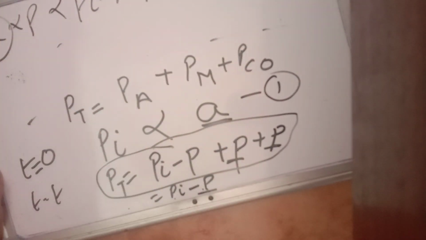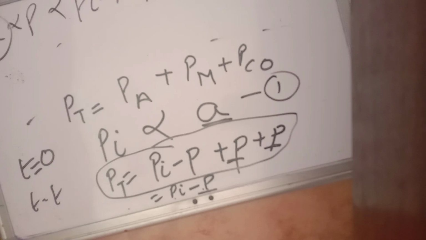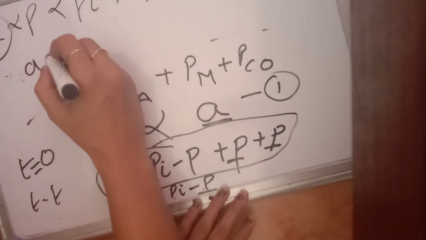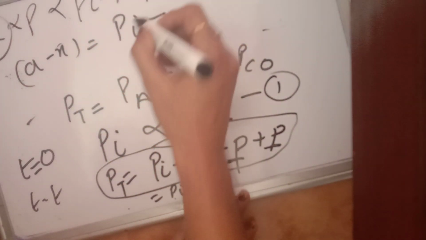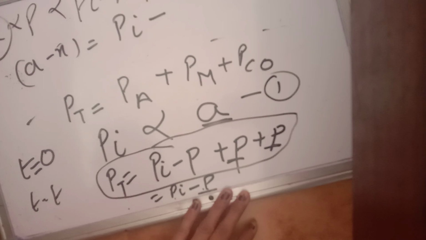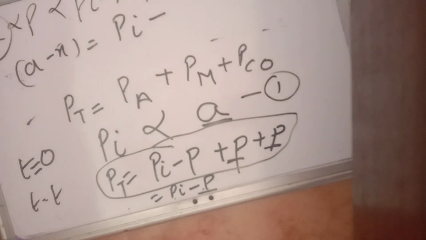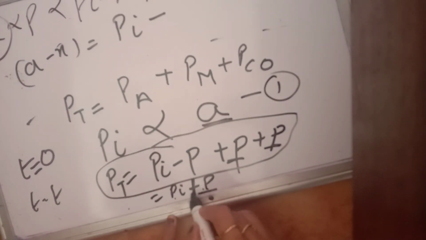So this is my X, this is my A. I can find out A minus X. Sorry, here plus.